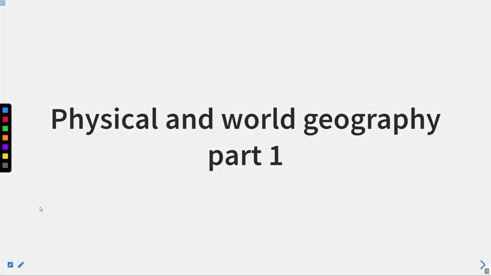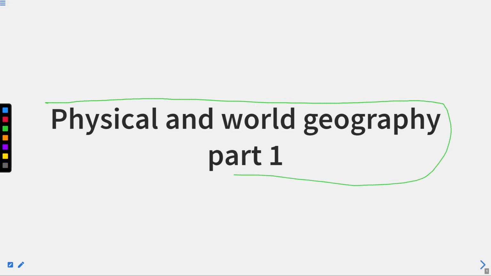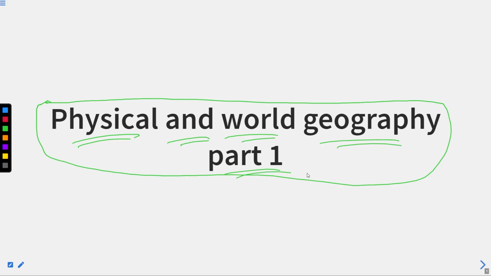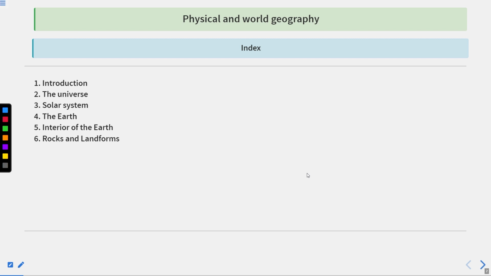So students, as you can see here, in this lecture we are going to start the physical and world geography part 1. This is the topic on which we are going to discuss. This will be our part 1, and within this part we are going to discuss these areas, starting with the introduction part.